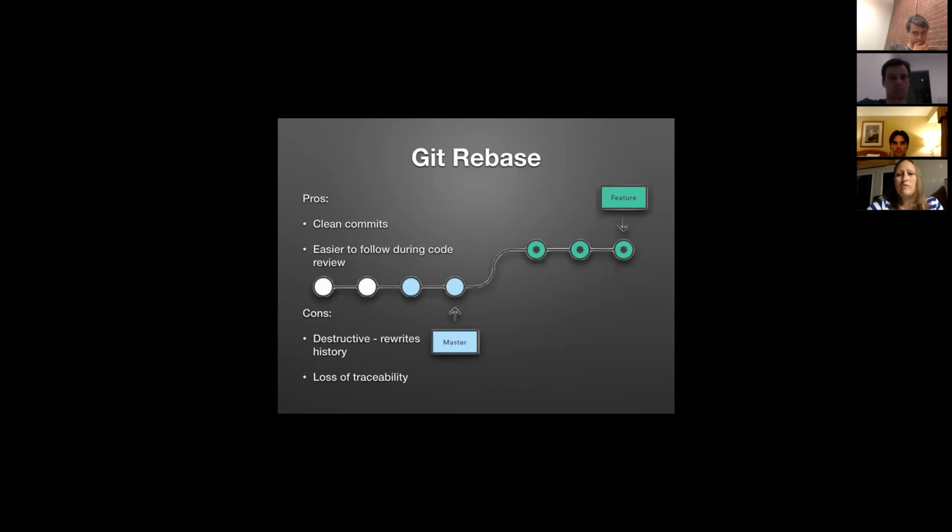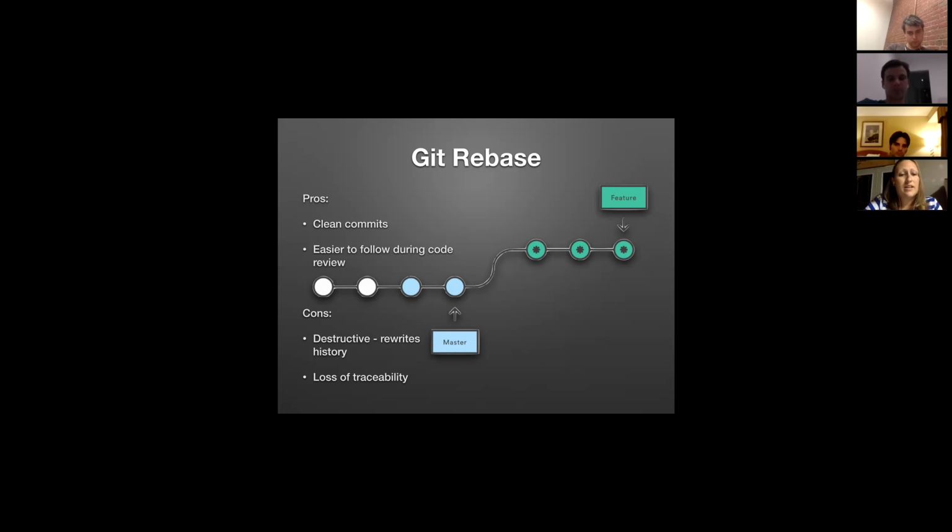Then if we move to Git rebase, we see that it looks different. It's a linear commit history instead of a lot of branches. This makes for clean commits, and especially whenever you're doing code reviews, it makes it easier to follow the commits and how you coded everything instead of having a bunch of merges in there.